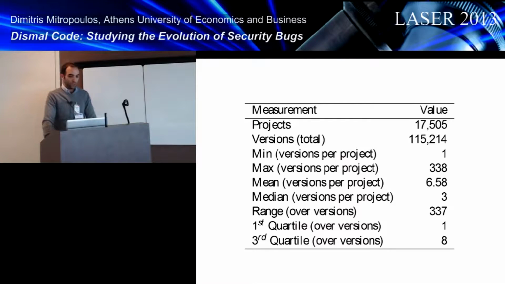Typically, most projects have a few number of versions, but there are some projects with 10 versions and only a few with hundreds of versions. The maximum number of versions for a project is 338. The third quartile measurement also indicated that 75% of the projects have a maximum of 8 versions.